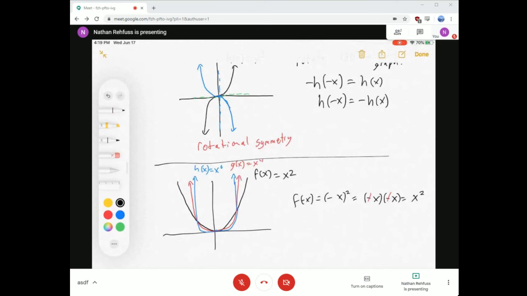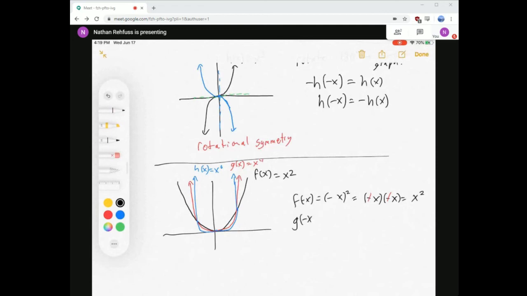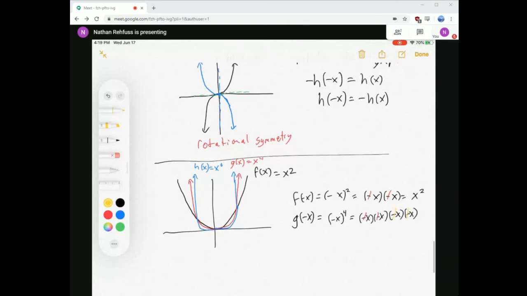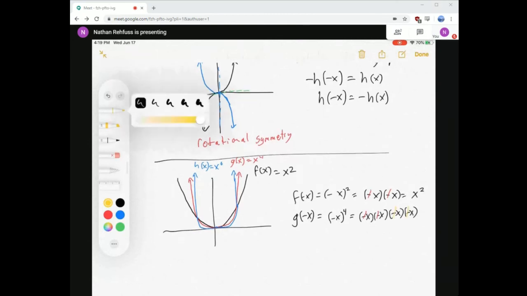And what's going on under the surface is if I take g of negative x, I'm going to get negative x to the fourth, which is negative x times negative x times negative x times negative x. Well, this pair of minus signs cancels out, and this pair cancels out. So all that's left is x to the fourth.